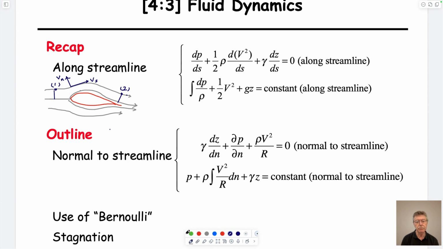So the stream tube would be something that exists between two streamlines. And we'll play around with that later, not today. So we also said that this expression here is mass times acceleration in the streamline direction.